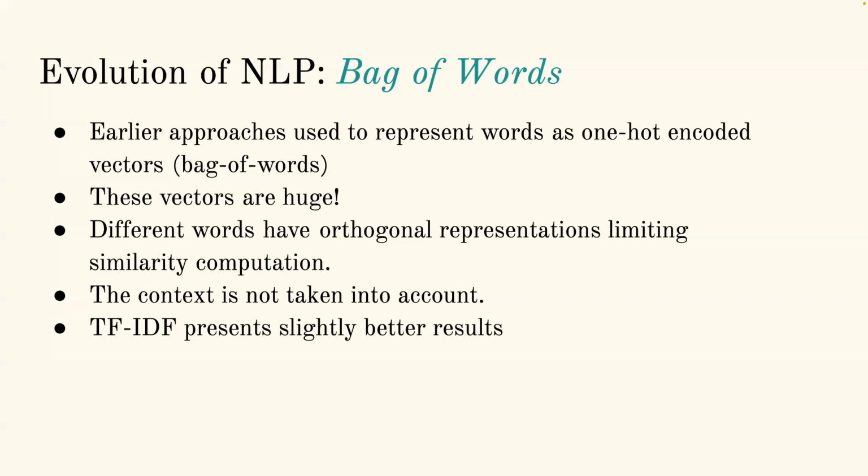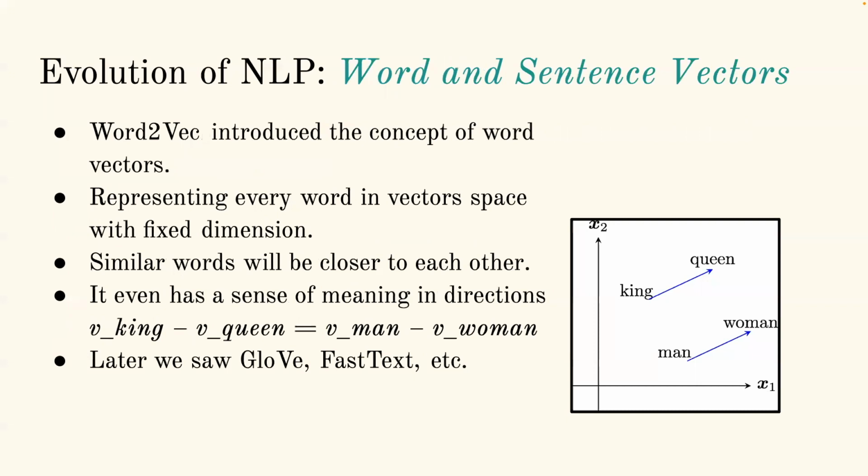Now, we also have something called term frequency and inverse document frequency, TF-IDF for short. This slightly improves over bag of words, but these are not that great either. After that, we see a revolution in NLP called word vectors. The idea here was, what if instead of assigning each word as its own feature, we represent every word using a fixed length vector, say a 100-dimensional vector.